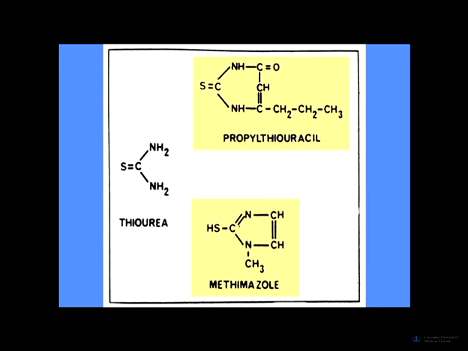2 major thioureas, propylthiouracil and methimazole. Heterocyclic compounds, both containing a thiourea group. There's a thiourea group in PTU and a thiourea group in methimazole. What are the mechanisms of action of the thioureas?